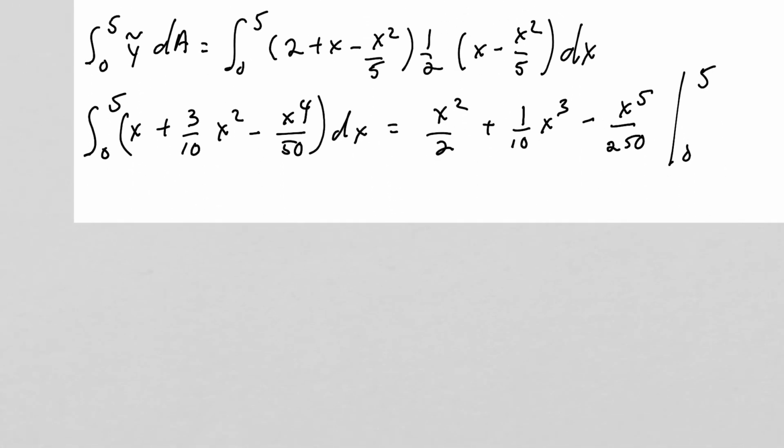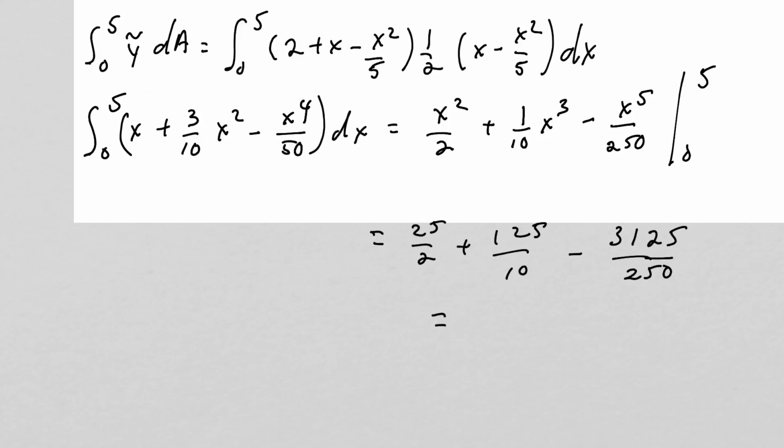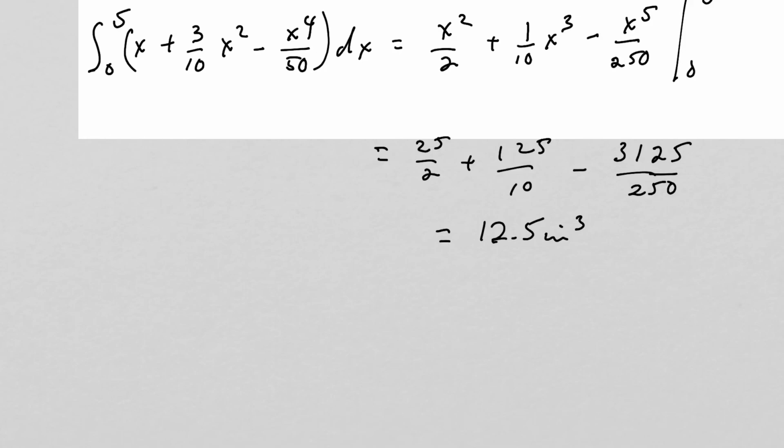We quickly evaluate that. This will equal 25 halves plus 125 over 10 minus 3,125 over 250. This will equal 12.5 inches cubed.